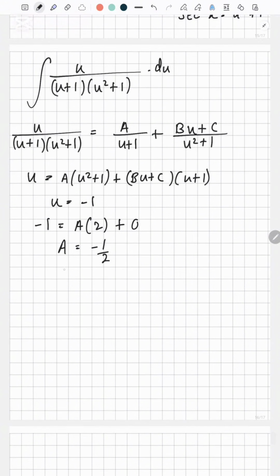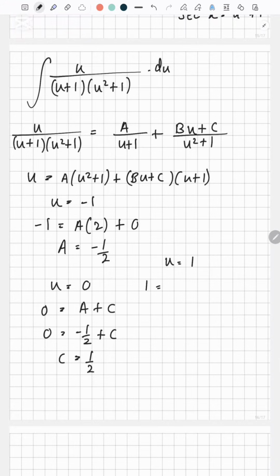Now we can take u equals 0 to cancel off b. So 0 equals a plus c, right? So 0 equals minus half plus c. c is half, right? So we found c. Now we can substitute any value we like, so I'm just going to substitute u equals 1.